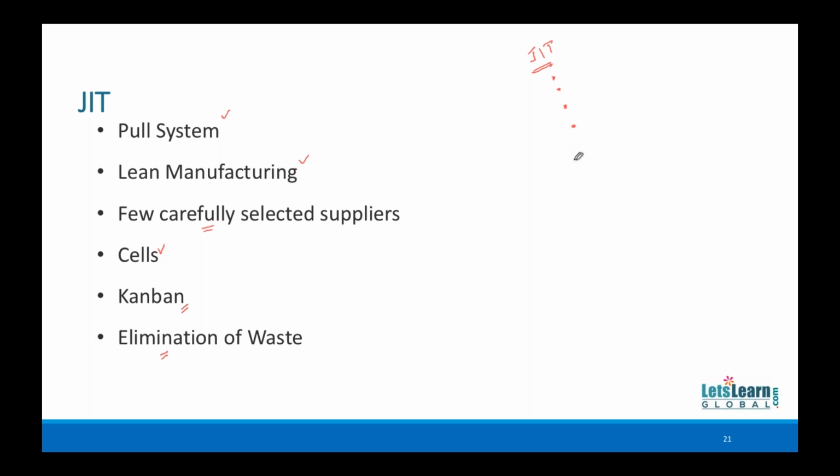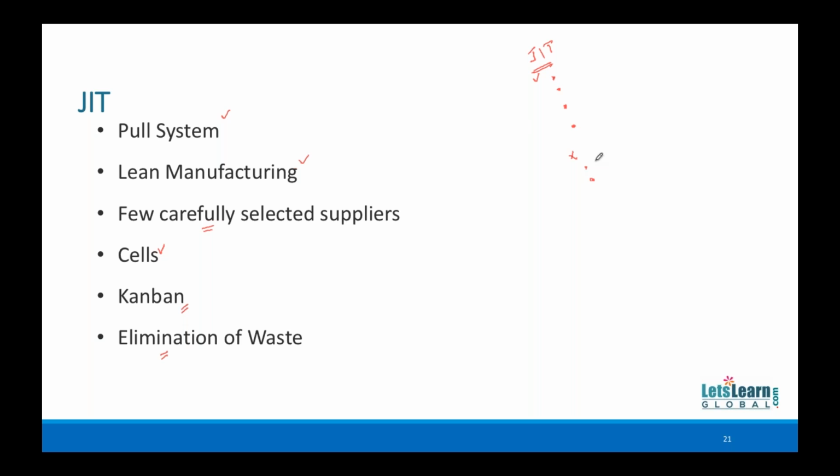But there are some disadvantages, because a JIT environment cannot be suitable for all companies. Some suppliers may not cooperate with you in supplying goods at your workstation. They ask you to buy in lump sum and say, we do not give delivery at your workstation in smaller quantities. So it's not possible.